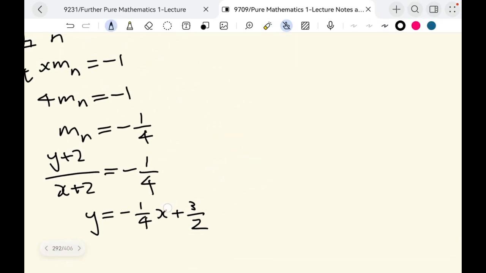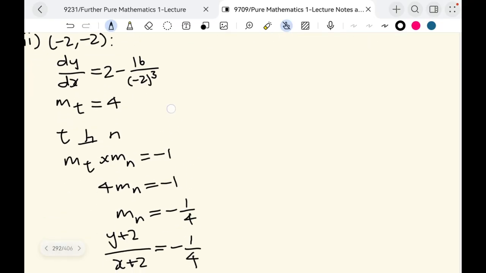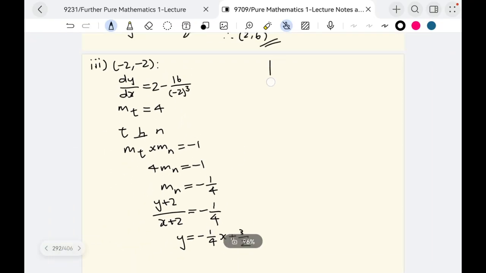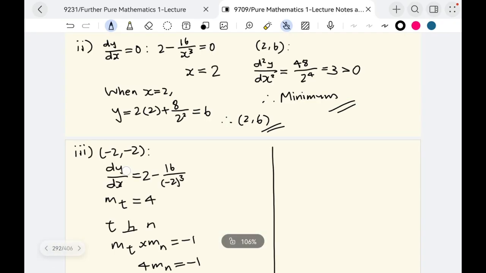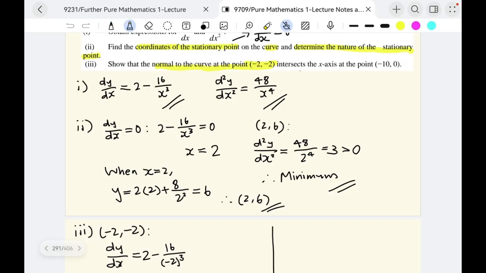Okay. So until here, it is time for us to show that the x coordinate is equal to 10 right here.